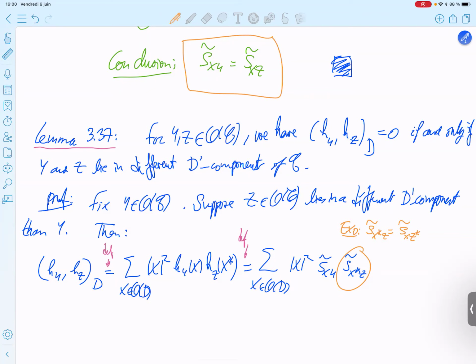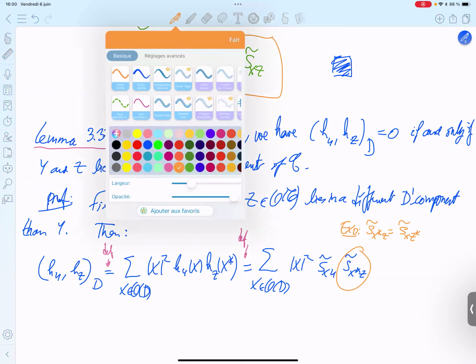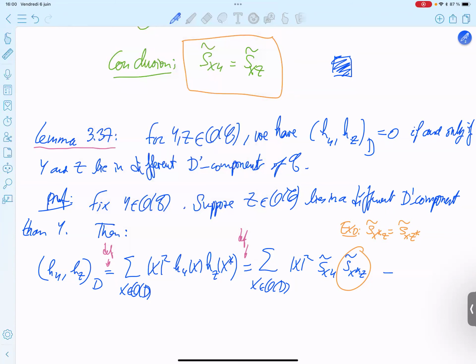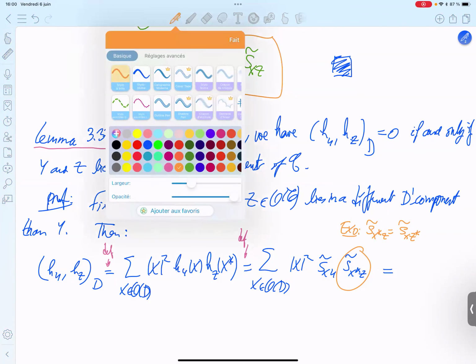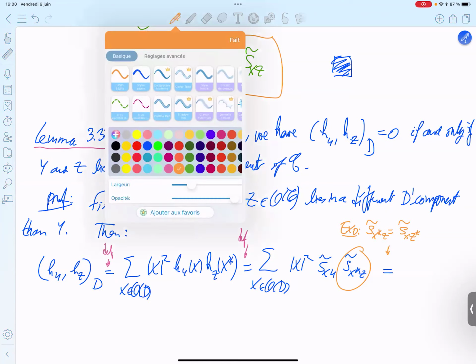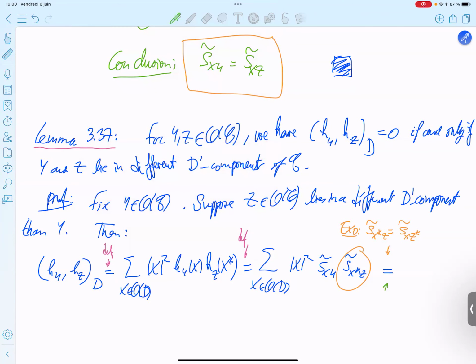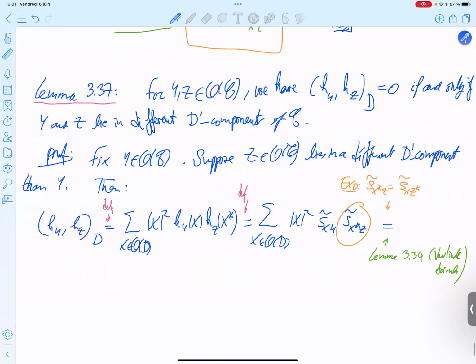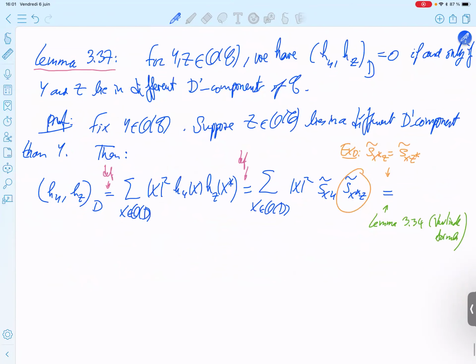Okay, then you will use that. So this is equal to, you use that, and you use also lemma 334, the Verlinde formula, to get that it is equal to... I need more space.